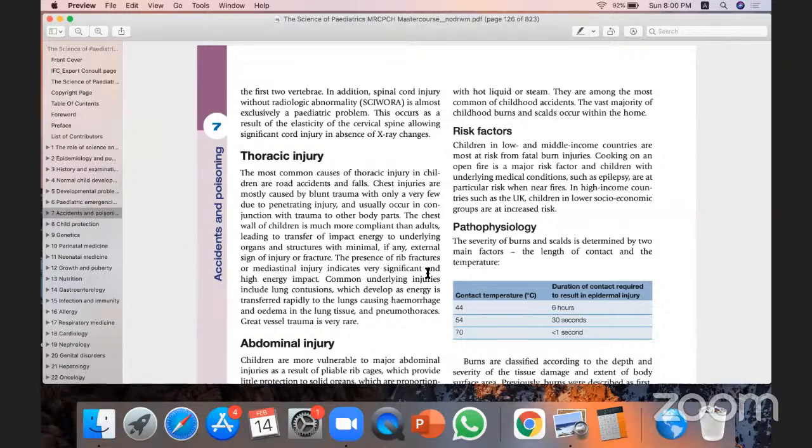If you cut the spinal cord, what will happen? The level below the cord will have upper motor neuron signs. At the level of the lesion, there will be lower motor neuron signs. Why?